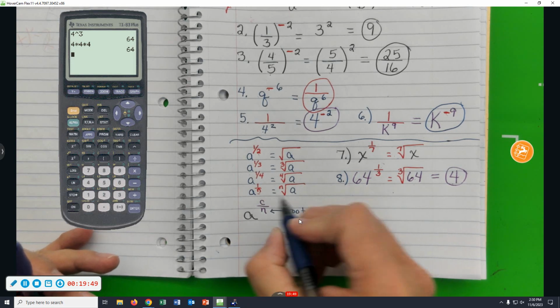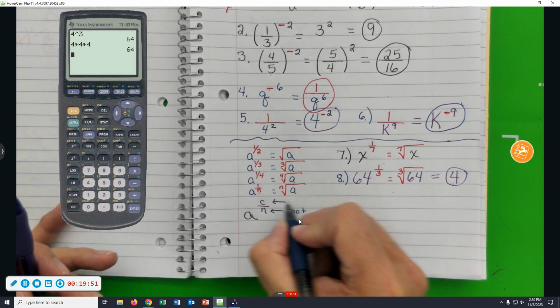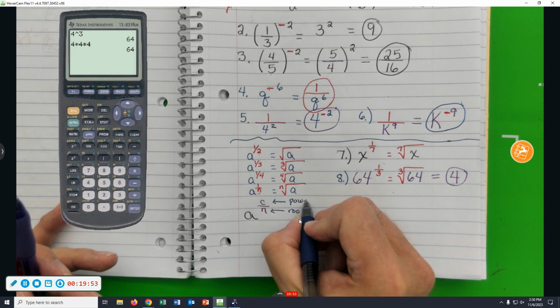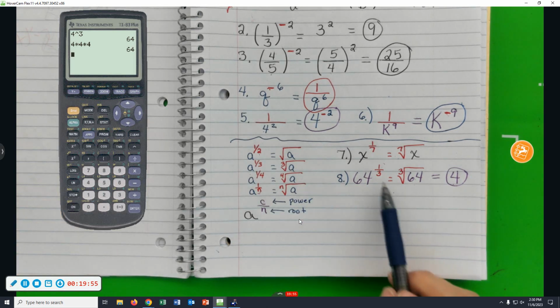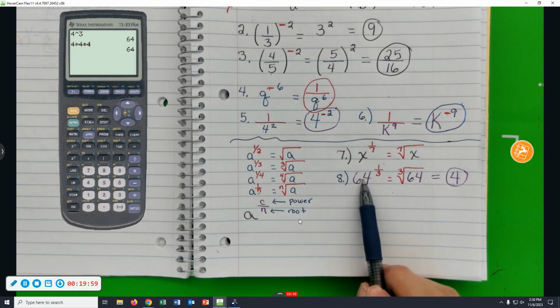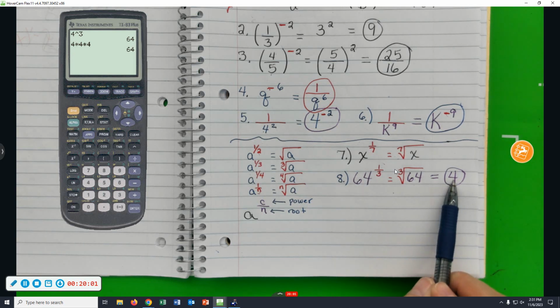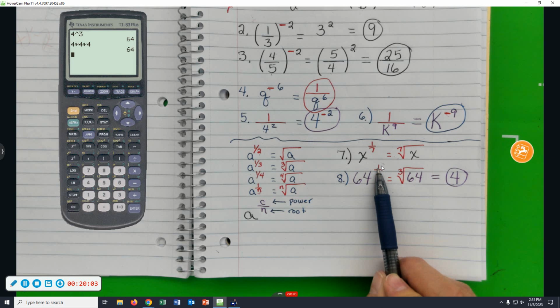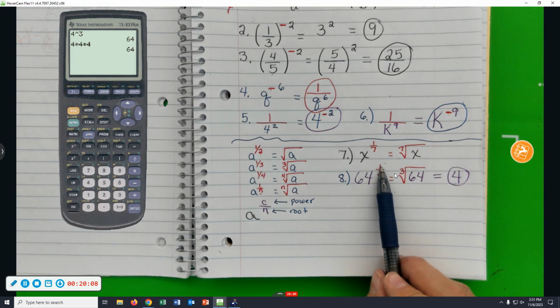The top number is a power. Like here, it means take the cube root of 64, and that got us a 4. Raise it to the first power. 4 to the first power is 4. So that top number is always the power, the bottom number is the root.